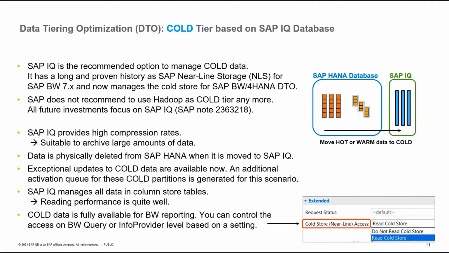We will see this later on as well. When we move the data to the cold store, we actually remove it from the HANA database. So it's something similar to a selective deletion. It's physically not available on the HANA database anymore, and it's only managed outside in the secondary database.